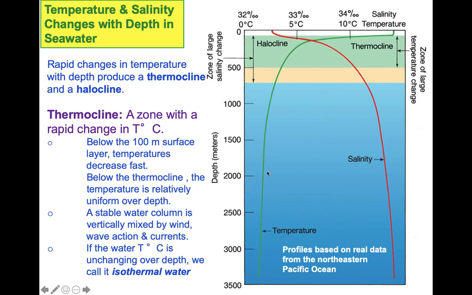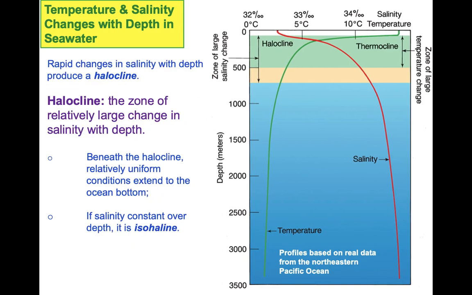So this vertical line, this profile, basically defines isothermal water, meaning same temperature water. And the data shown on these profiles are real data from the northeastern Pacific Ocean.